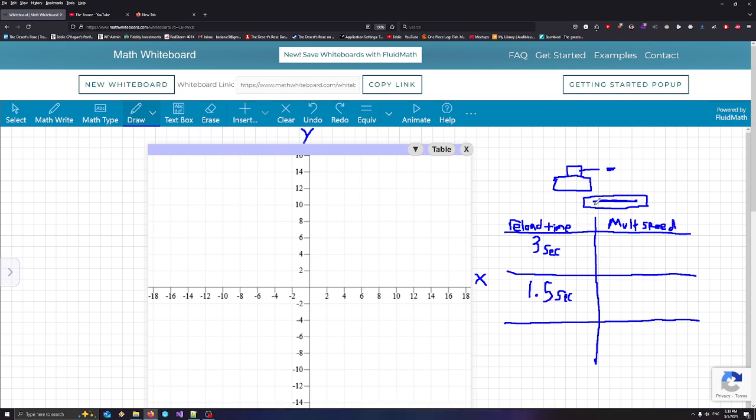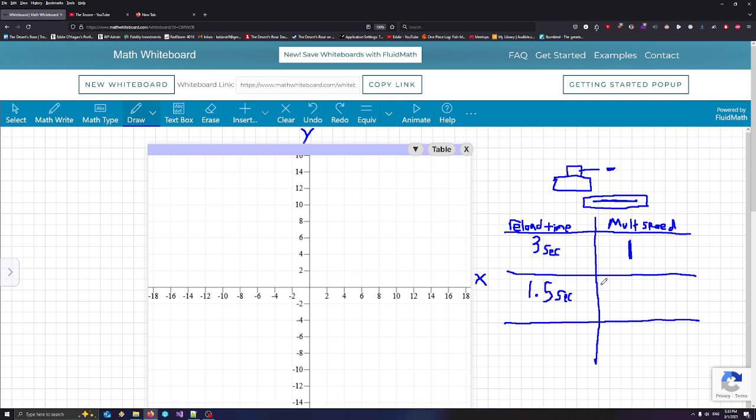So since our reload time starts at 3 seconds, our multiplying speed is just 1, because anything times 1 is itself, because that's just our starting point. We're not multiplying by anything, we're not changing the speed of the reload time. But for our next one, if the reload time is half that time, that means it's going to be twice as fast, right?